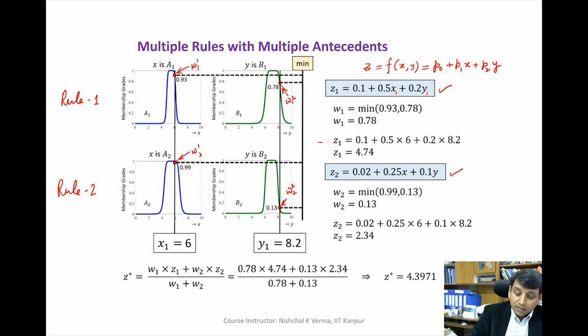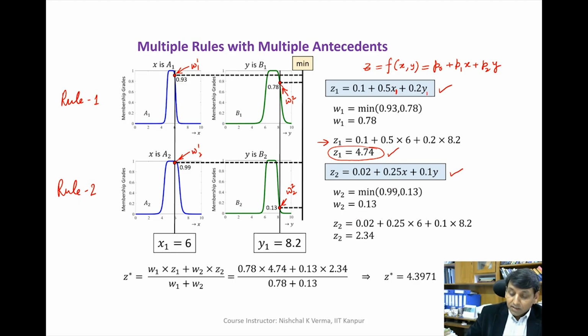So we see that we get Z1 here, which is 4.74. So when we use x1 equal to 6 and y1 equal to 8.2, using the first rule output, we get Z1 equal to 4.74 here.